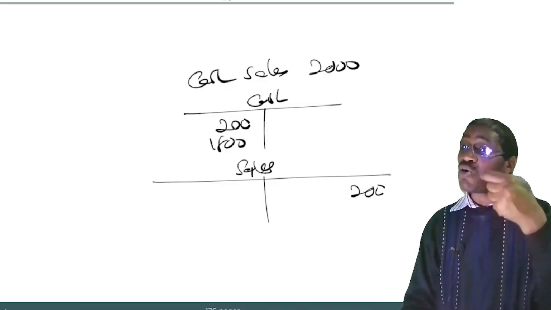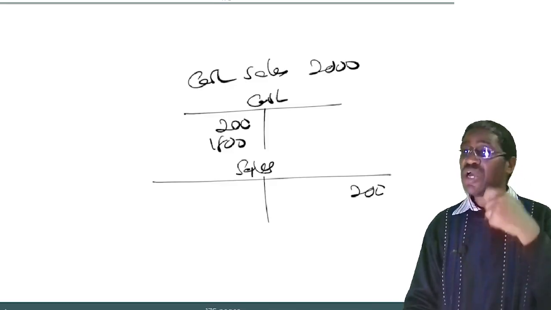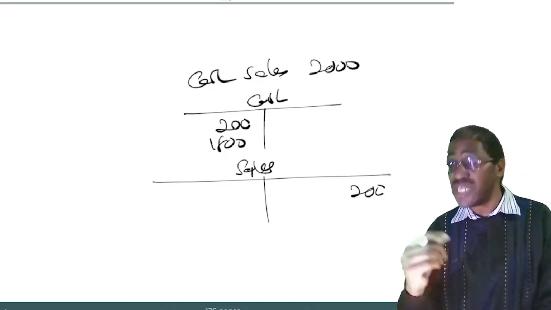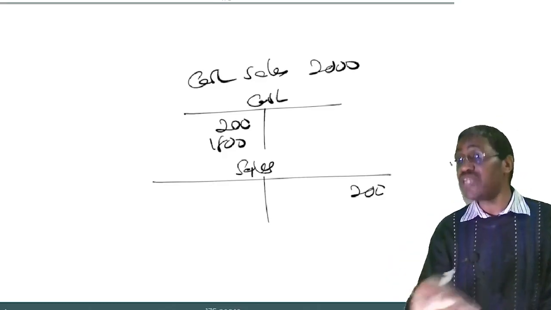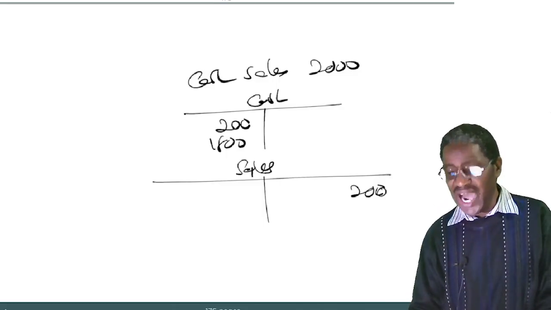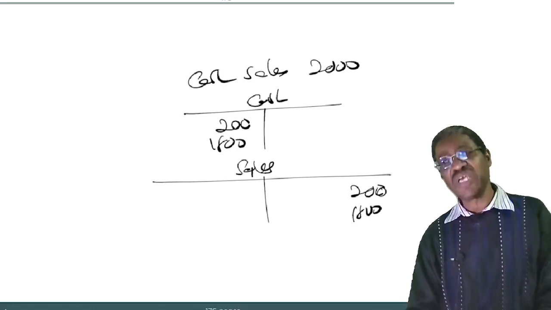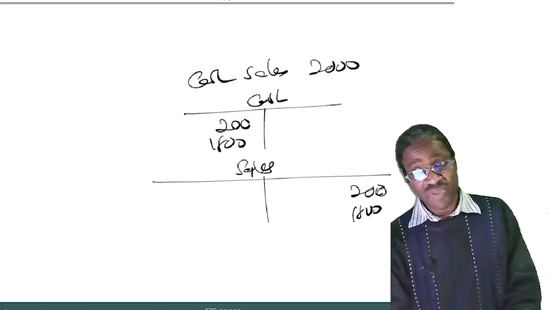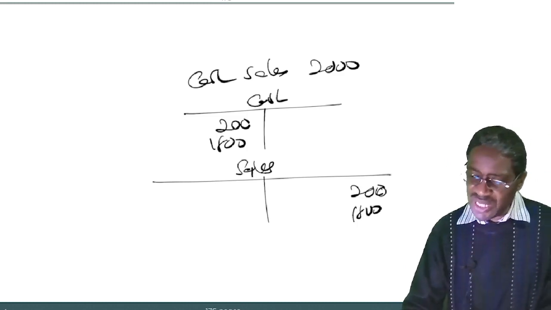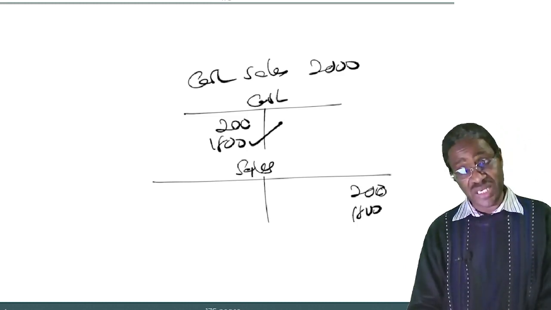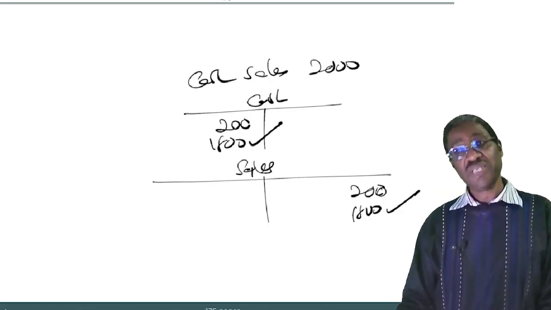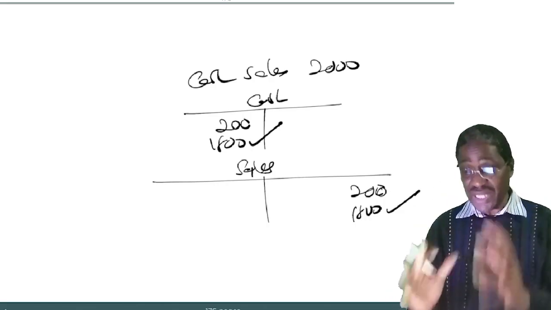So I make a correction by 1,800. To correct this error, I'm supposed to debit cash by 1,800 and credit sales by 1,800. That is to correct the error.